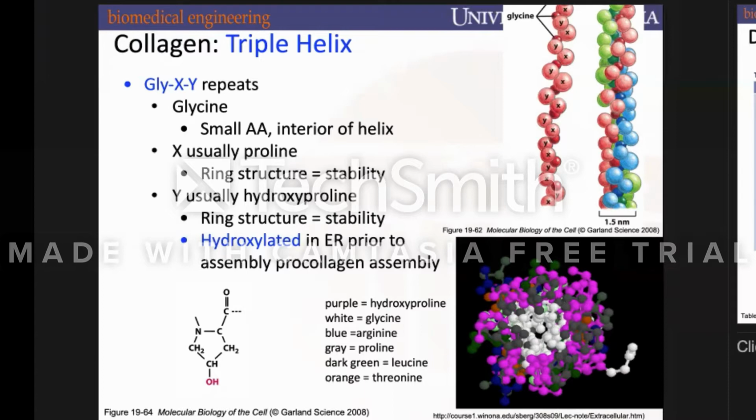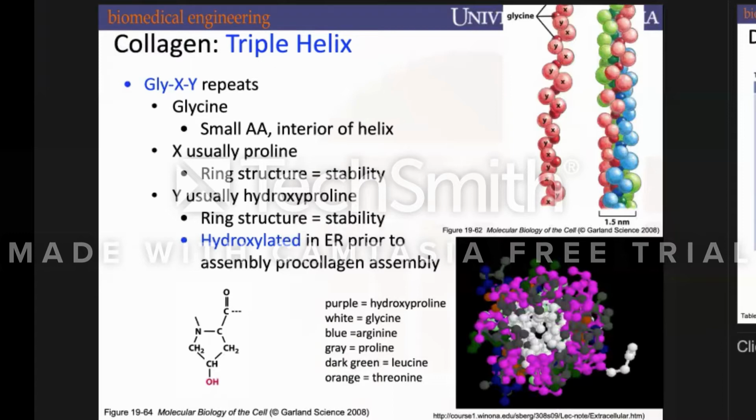It is so unique to collagen that oftentimes when we're looking at collagen content in organs, either from mouse or from tissue samples from patients, you can break down that tissue or organ all the way down to its constituent amino acid components and use hydroxyproline content as a surrogate for seeing how much collagen is there.